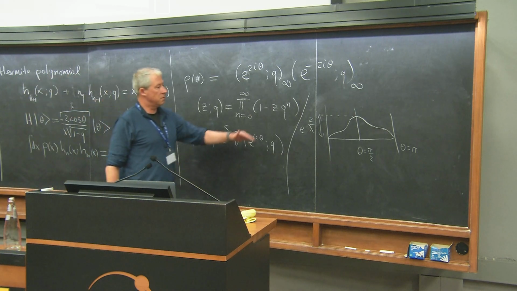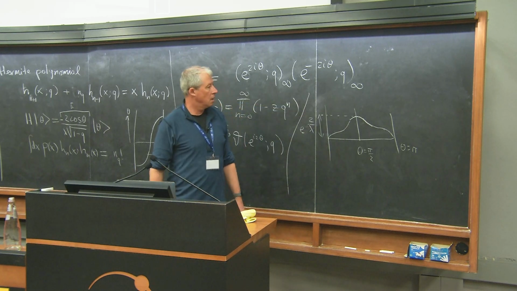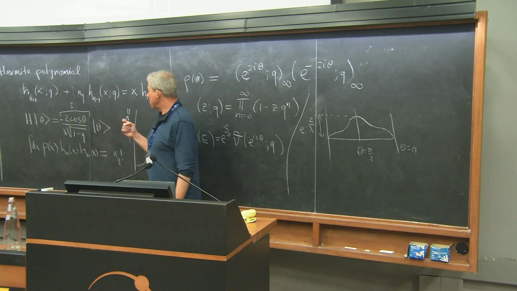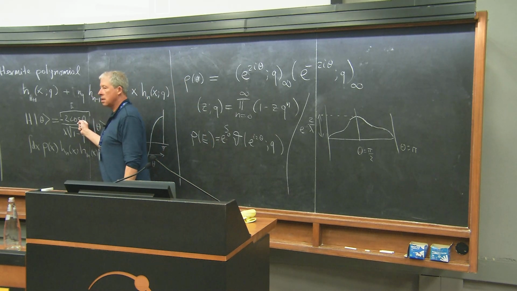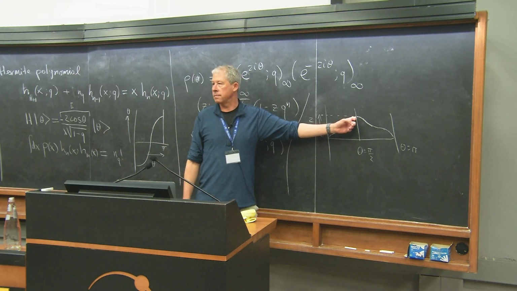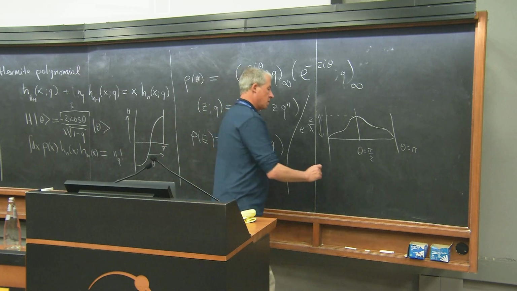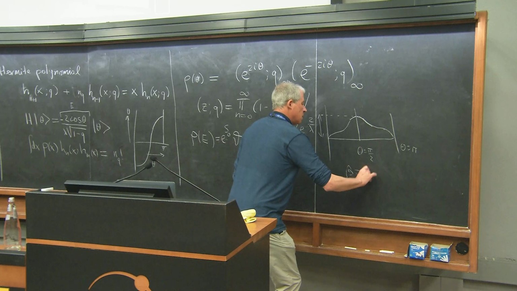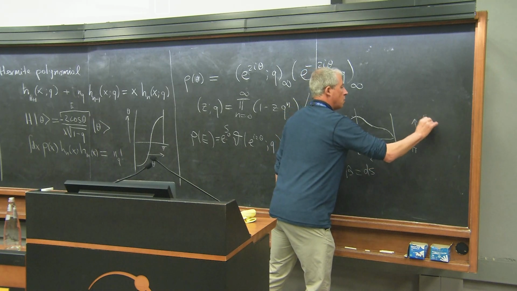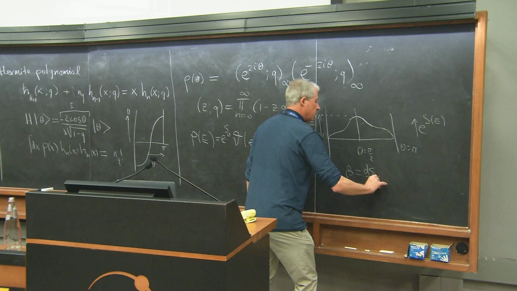Now, we see a bunch of features. We see a point of maximal entropy. At this point the energy is still changing as a function of theta, but the entropy does not change as a function of theta. So if I compute the inverse temperature beta, from S, which I put here vertically as e to the power S of E, and differentiate S with respect to E, I get the inverse temperature.